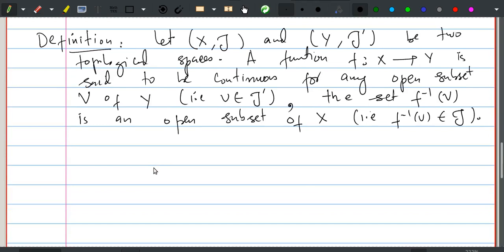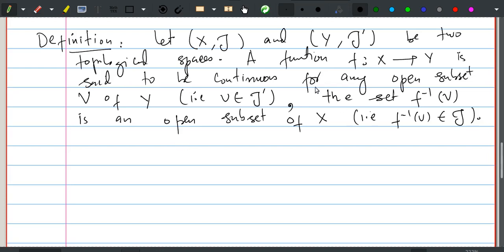Now continuity of a function does not only depend upon the function f itself, but also on the topologies specified for its domain as well as its range.